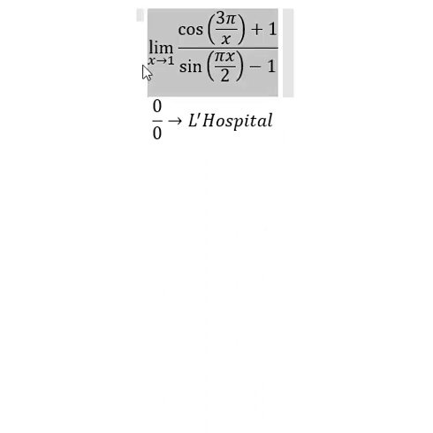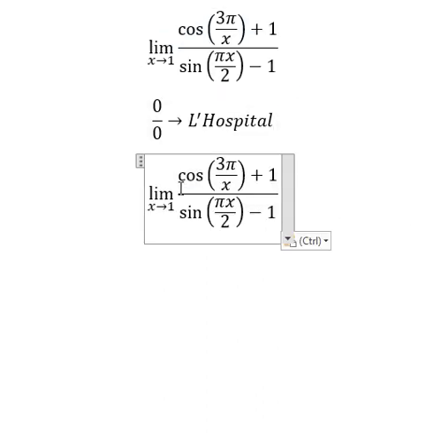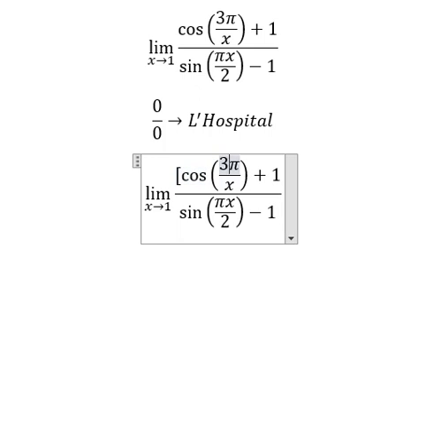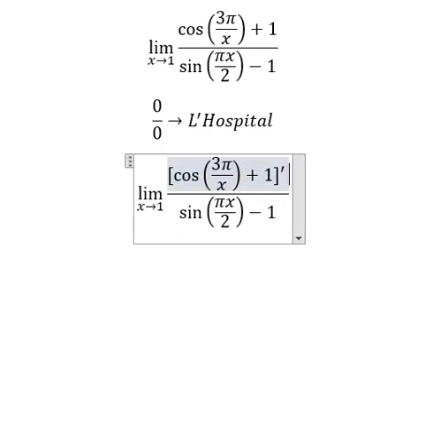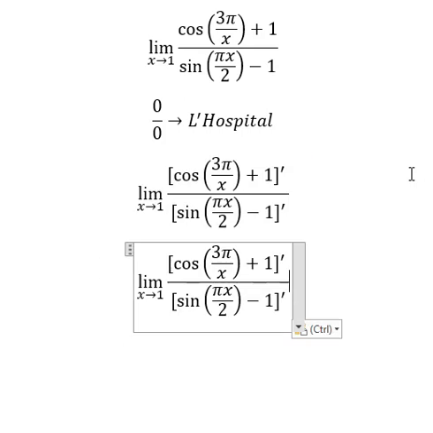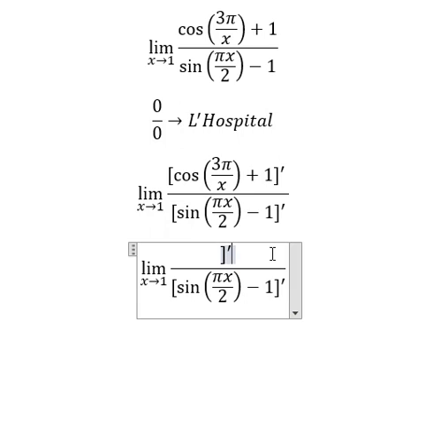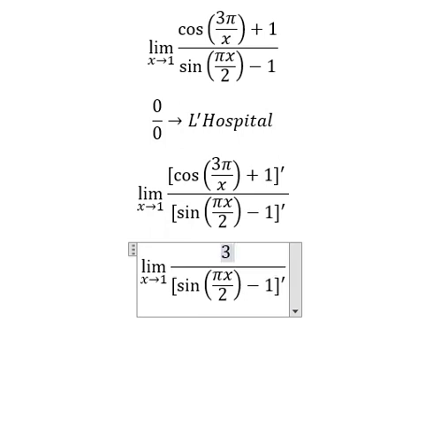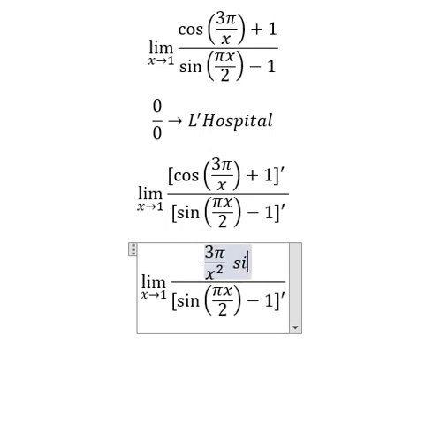That means we need to do the first derivative on the numerator and denominator. So if we do the first derivative, this one in here should be about 3b over s squared, multiplied by sine of 3b over s.